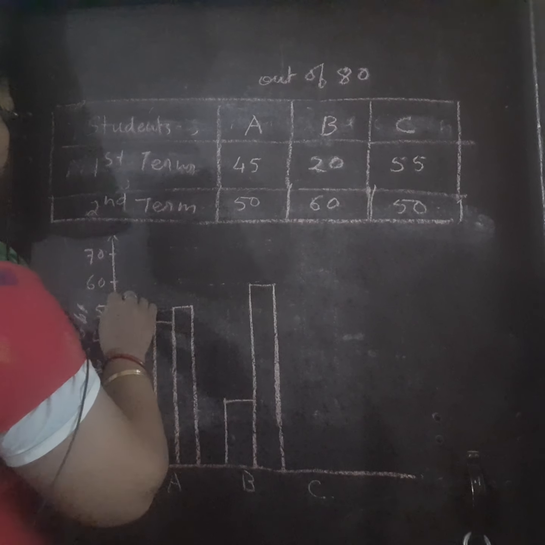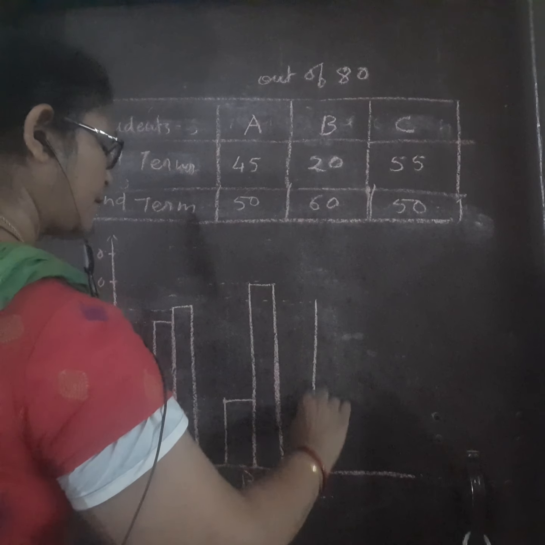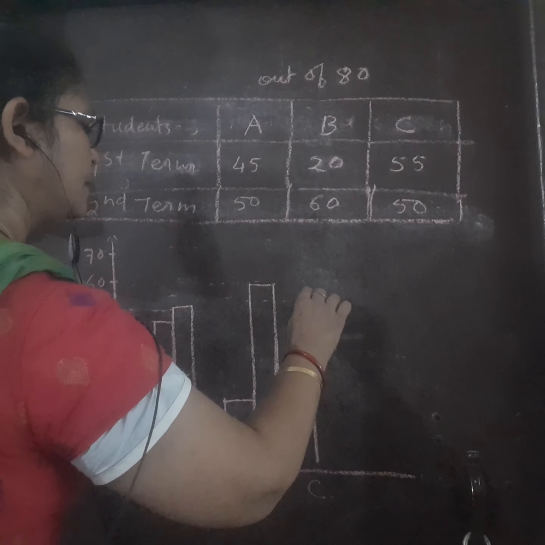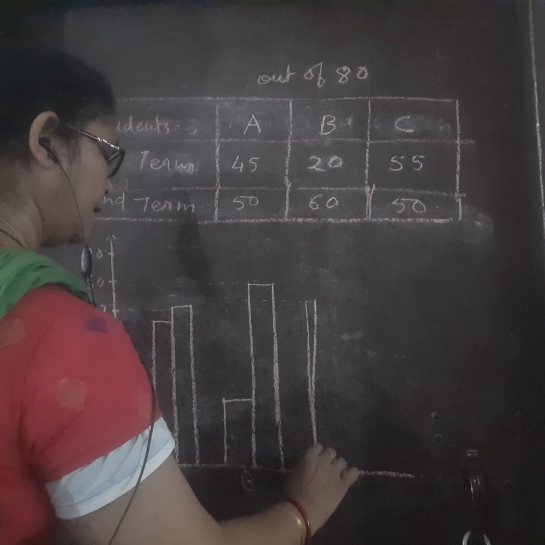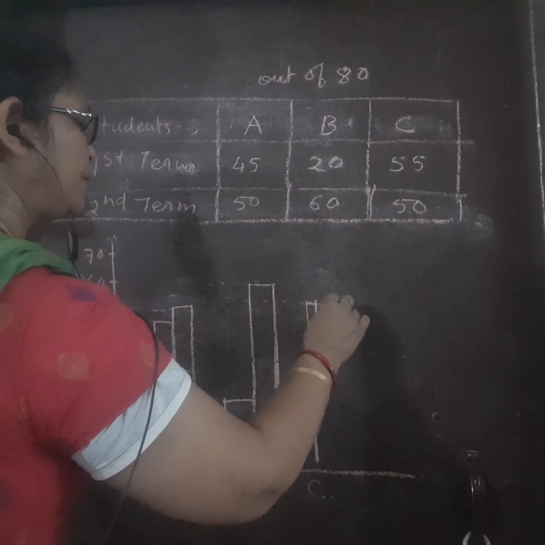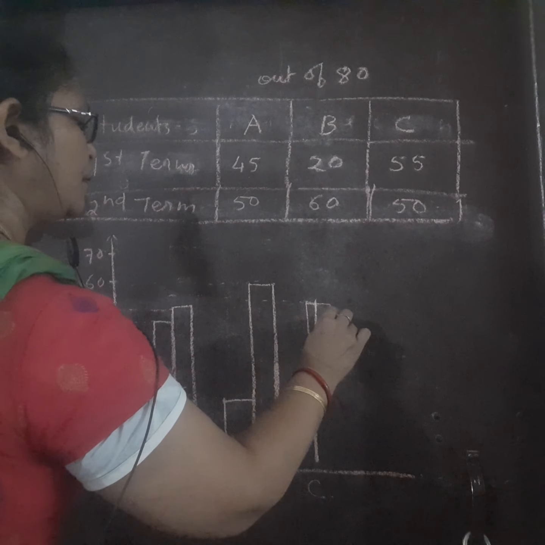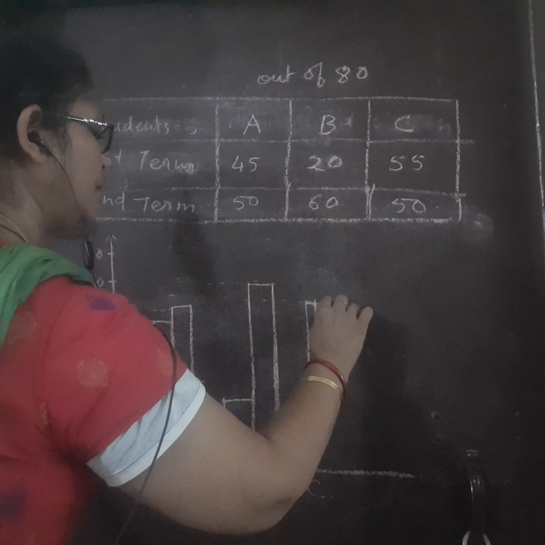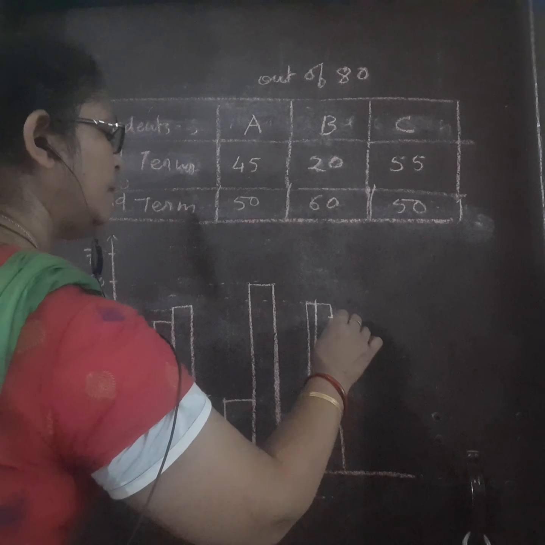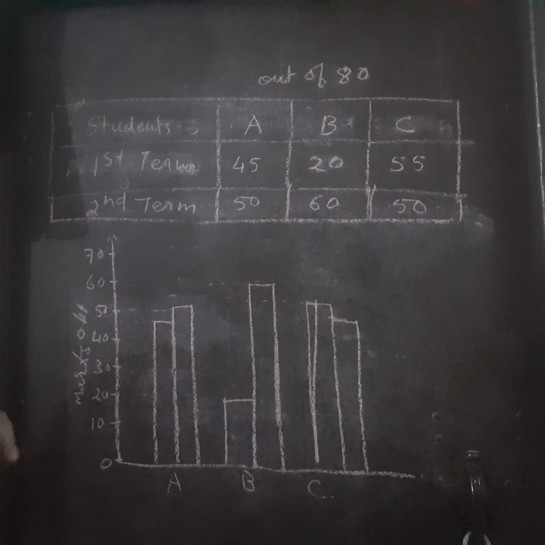Now C got 55 marks, 55 marks is somewhere here, and then got 50 marks, 50 marks is here below it. So this is the double bar graph.